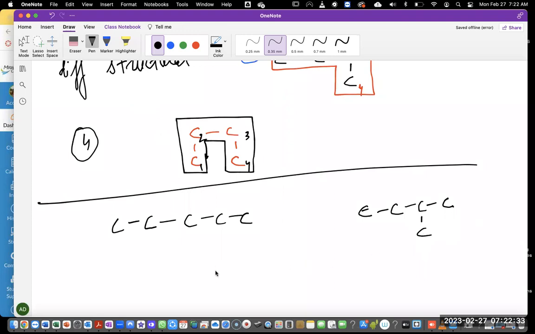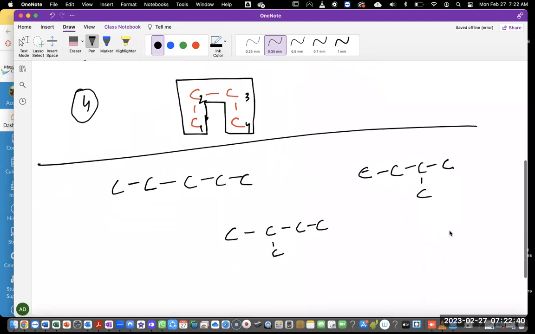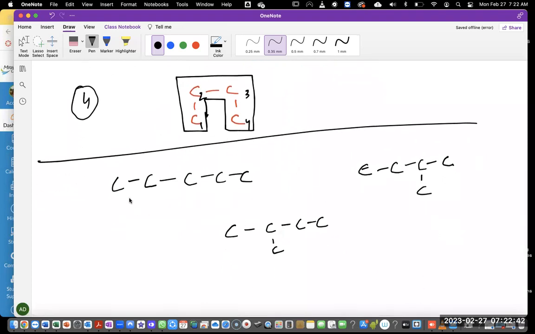Okay. Now, what else can we do? Can I do this? Is this a third isomer? Think about this case. Here I have 5 carbons, 1, 2, 3, 4, 5 in the straight chain. Here I have 1, 2, 3, 4 carbons in the straight chain.